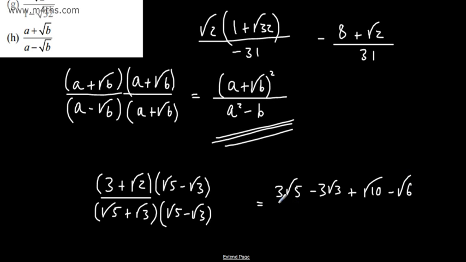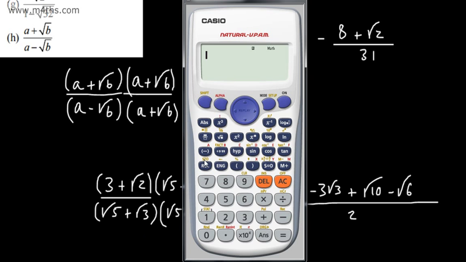And that is all going to be over now root 5 minus root 3, which is going to give us 2. Root of 5 squared is 5, root of 3 squared is 3, so we subtract them and we get 2. Looking at this, if it doesn't give us a decimal answer, it will give us something along these lines. I can't see that I can do any more simplification, so let's go ahead and look at that one.